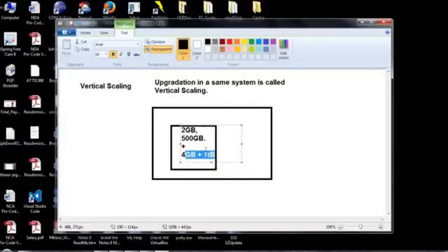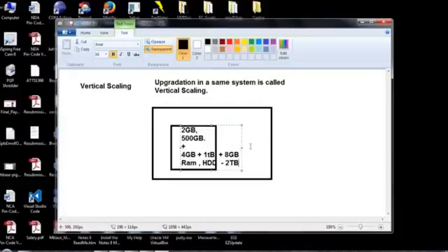Next year you think, let me upgrade to another 8 GB RAM and a hard disk of some capacity, let's say 2 TB. But at some point of time, the time will come when your system won't allow upgradation.